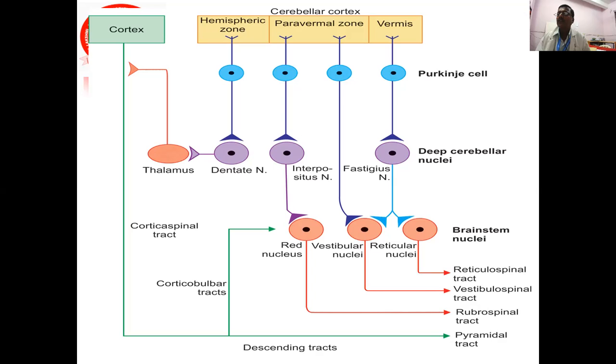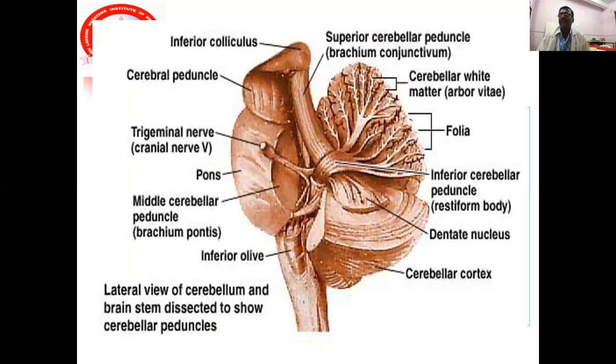The vermis gives output to the Purkinje cell and then into the deep cerebellar nuclei, which further synapse with the fastigial nuclei, which again communicate to the reticular nuclei, where the brainstem is located. From there, it goes to the reticulospinal tract and vestibulospinal tract.